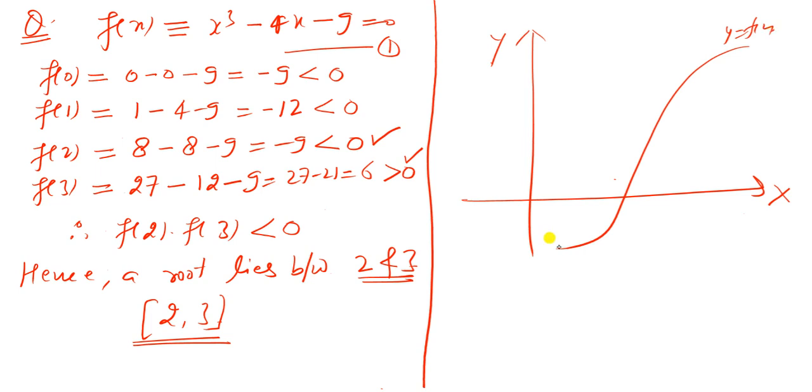Say this point is x is equal to 2 and at this point the functional value is negative, and say this point is x is equal to 3 and at this point the functional value is positive, that is, the desired root lies between 2 and 3. In this interval we compute a desired root for the given equation.